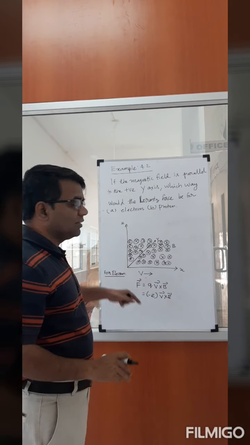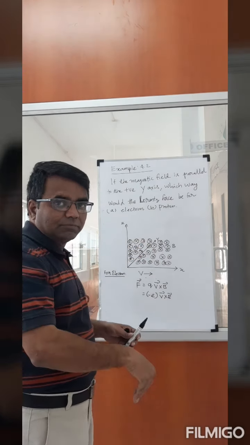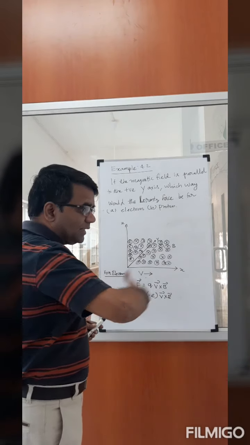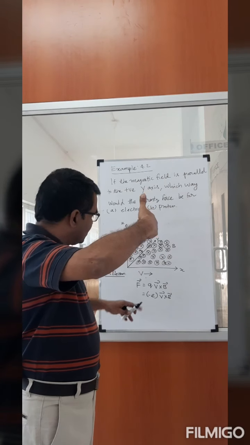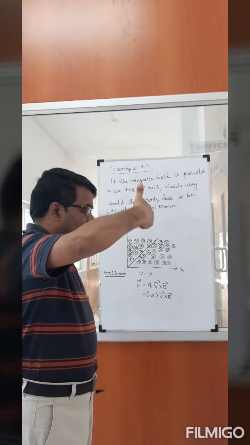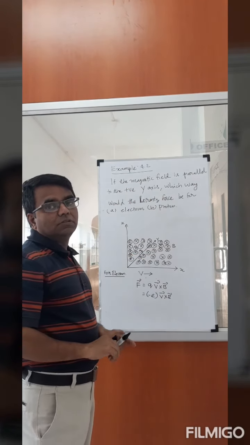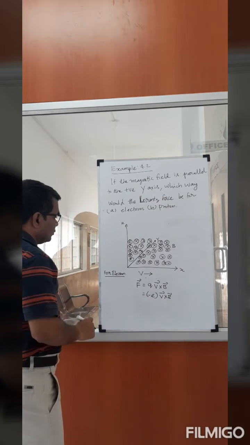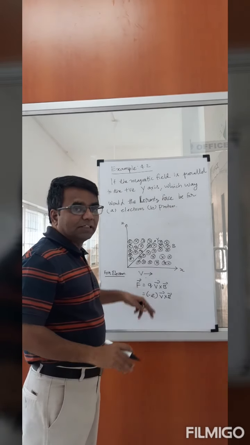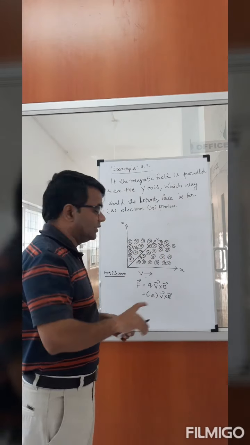V cross B gives you upward direction, but electron is a negative charge, so minus E gives you the downward direction. So the force experienced by the electron will be in the downward direction.